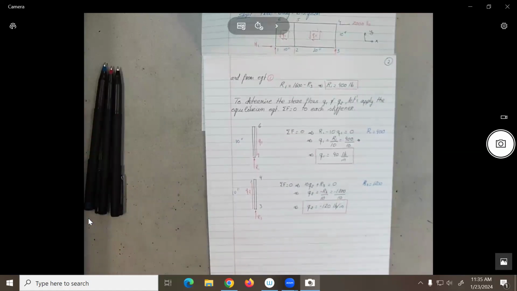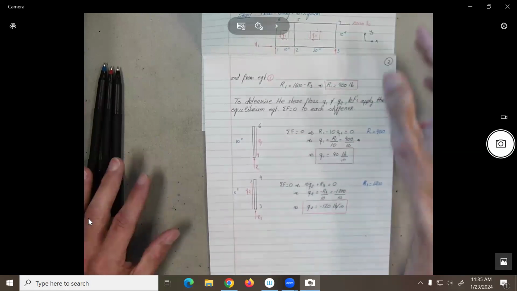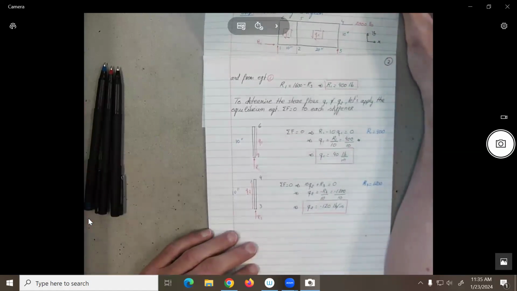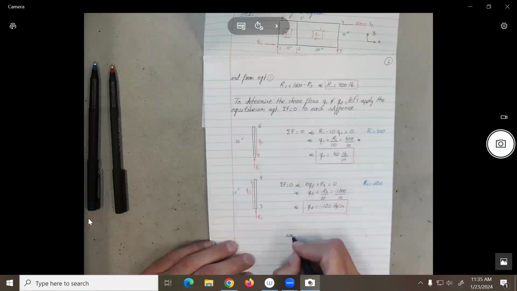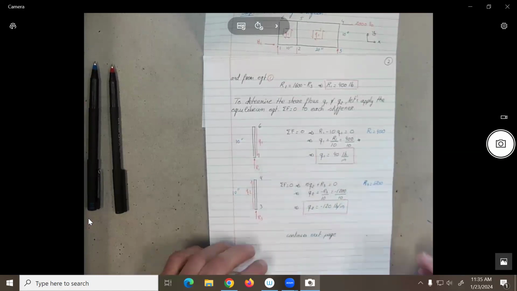Okay, so this is statics. Basically, we didn't do it. All right, because of the space, I'm going to put it here, continuous. Next page.